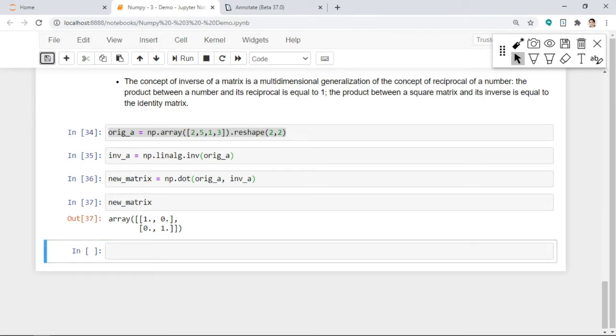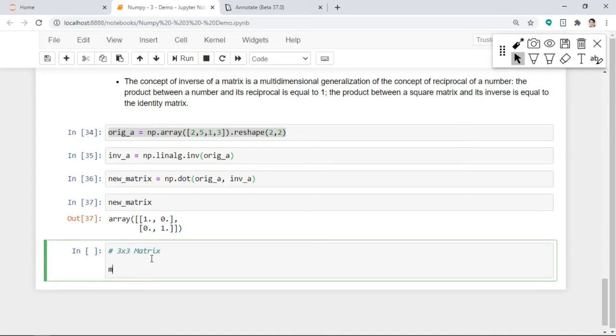So let's compute this one. For example, let us have this one as a 3 by 3 matrix. For example, we have matrix 3.